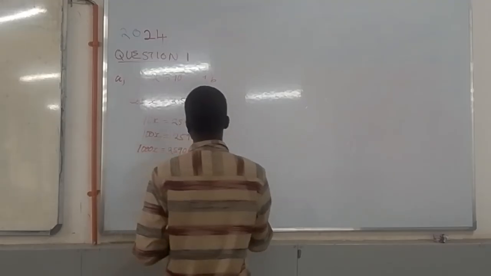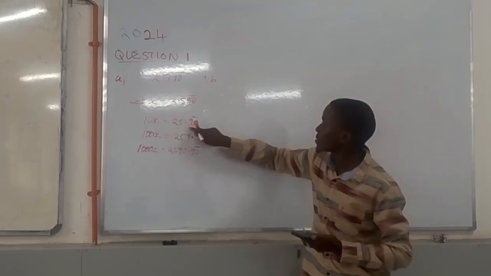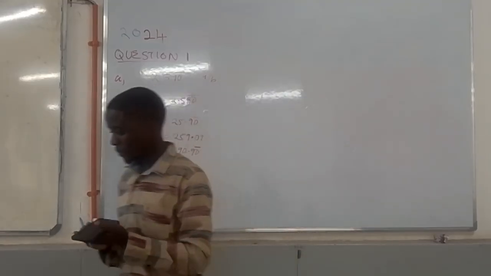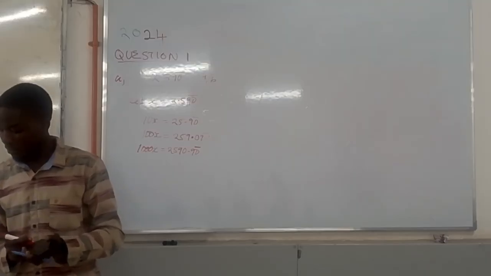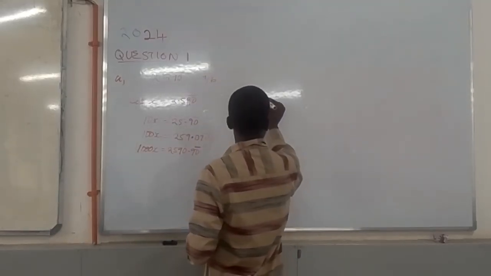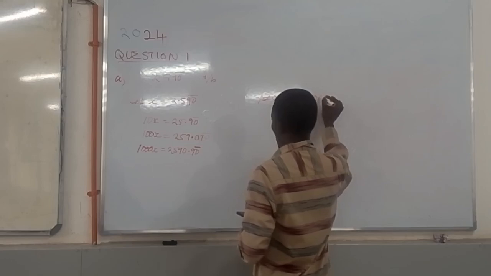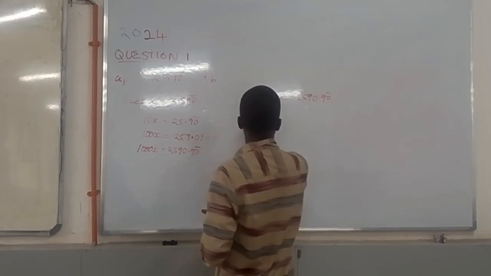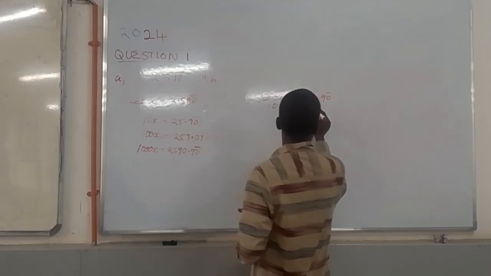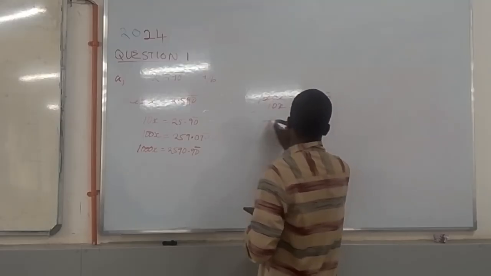So now we can subtract. We subtract 10x from 1000x, and the right sides: 2590 minus 25.